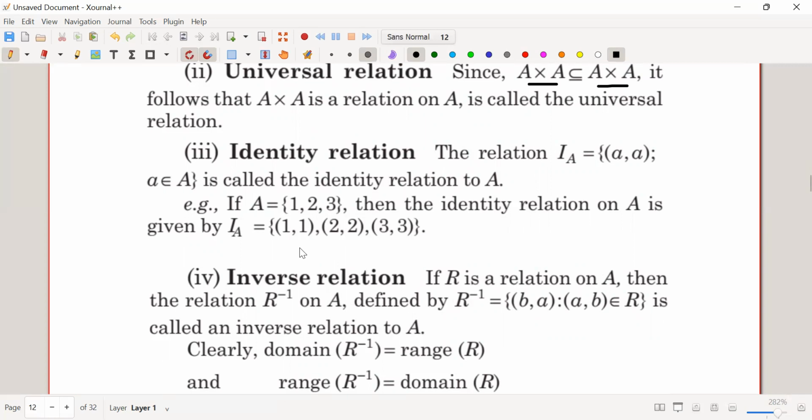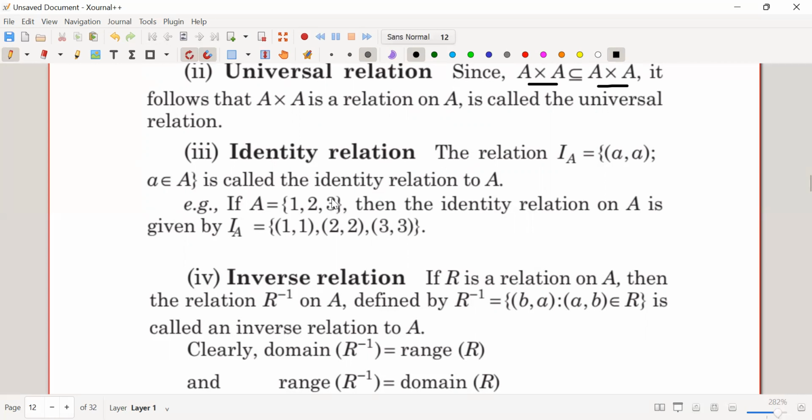If I'm asking for a doublet in dice, I only need doublets. The Cartesian product has more: 1 1, 1 2, 1 3, 1 4, and likewise 2 1, 2 3, 2 4. But I only need the doublets. So both are the same: 1 to 1, 2 to 2, 3 to 3. Then it is known as identity.